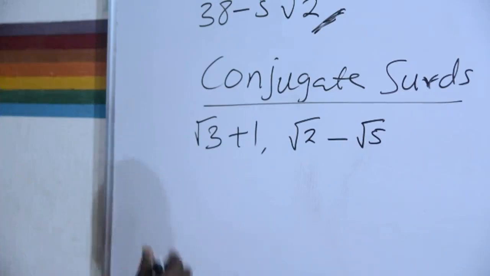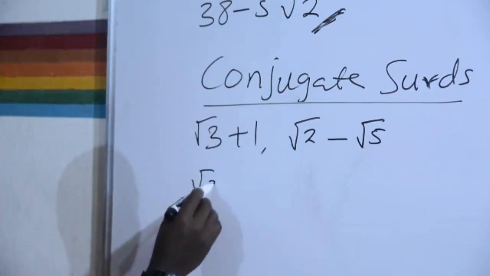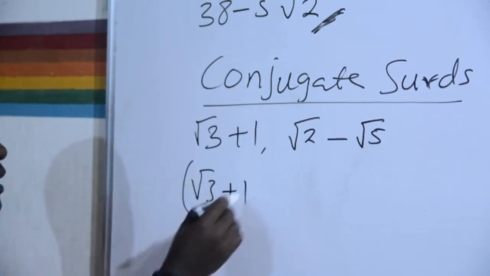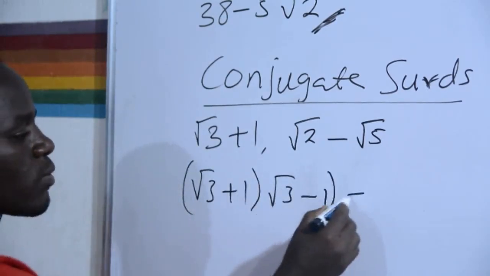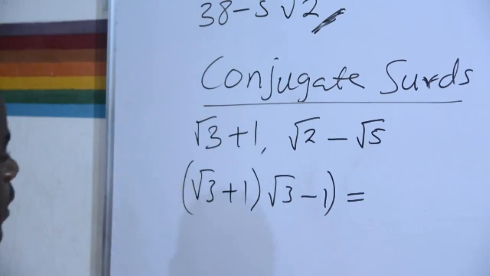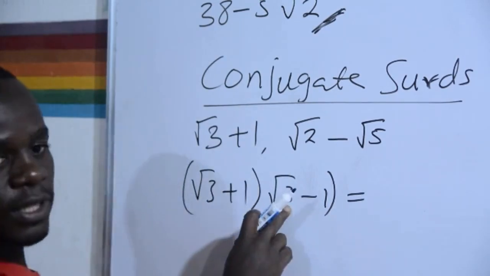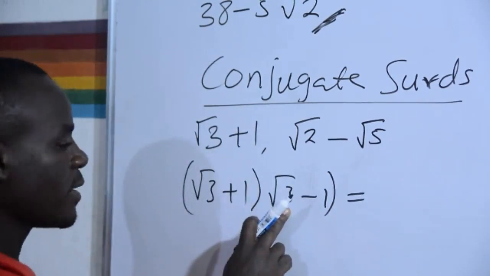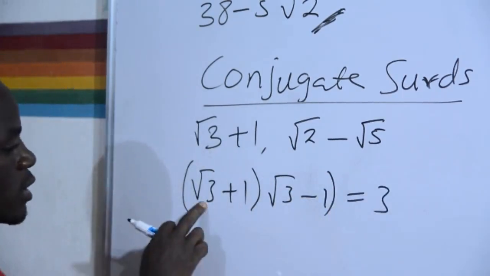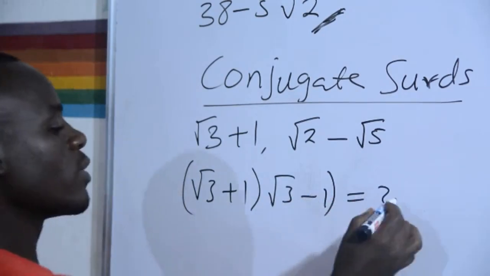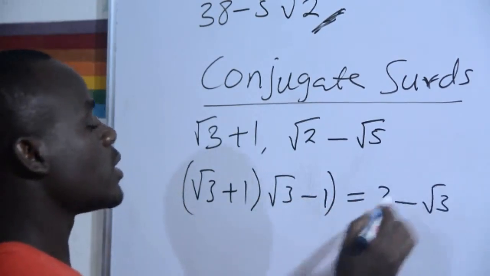Let's, for instance, take the first one here, root 3 plus 1. If I multiply this one by root 3 minus 1, let's work it out and see what we will have. Square root of 3 times square root of 3 is square root of 9, and square root of 9 is what? 3. Root 3 times minus 1 will give us minus root 3.